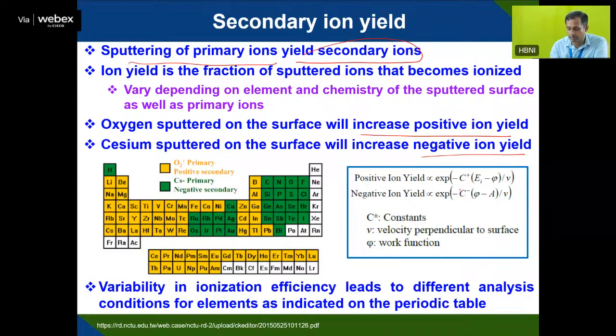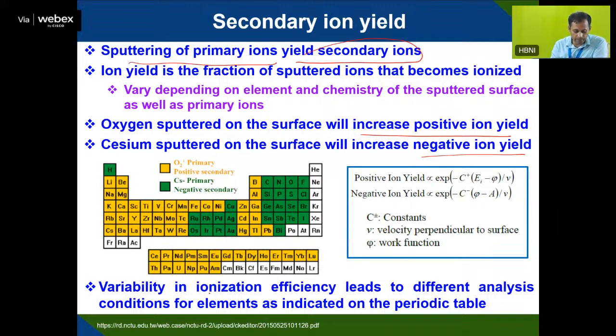You can see the positive ion yield is proportional, and this ratio you can find out. The yellow atoms, lithium through nickel and cobalt, are the positive ones, where mainly oxygen is used as the primary source. The green ones are mainly secondary negative ions, where cesium is used.